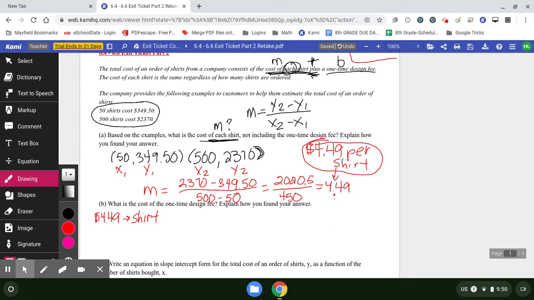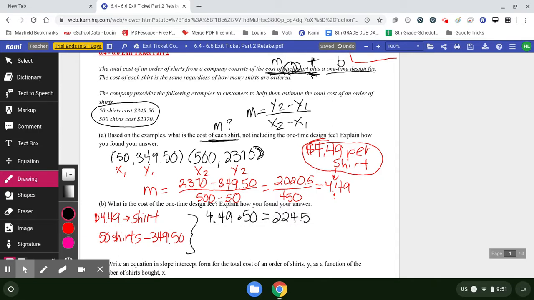For example, we know that 50 shirts cost $349.50. And we can use these to find the one-time design fee. So if I'm looking at this, I got 50 shirts. Okay, so I'm going to do $4.49 times 50.